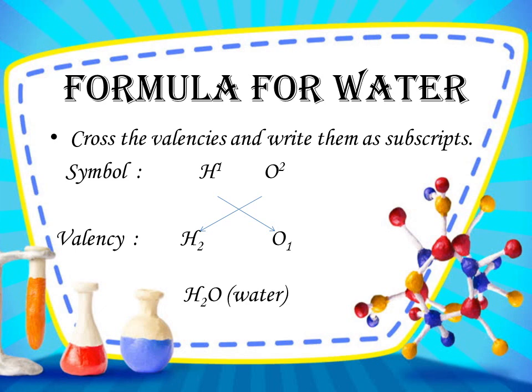Let us illustrate this method by writing the formula of water. We know that hydrogen has valency 1 and oxygen has valency 2. Now cross these valencies and write them as subscripts. We get the formula H2O, which means two atoms of hydrogen combined with one atom of oxygen to form a water molecule.